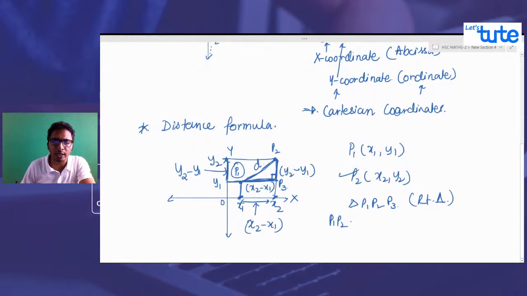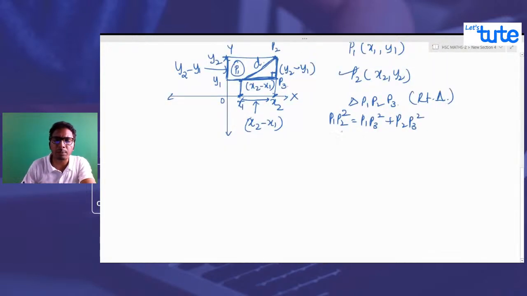So according to the Pythagorean theorem, what is the Pythagorean theorem? Hypotenuse squared equals the sum of the squares of the other two sides. So that would be P1 P3 squared plus P2 P3 squared, correct? Now, this is P1 P2, let it be as it is. What is P1 P3? This distance is x2 minus x1, so we are going to substitute that. x2 minus x1, we have squared.